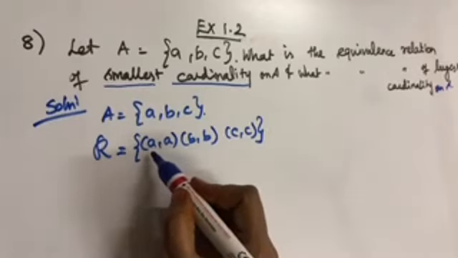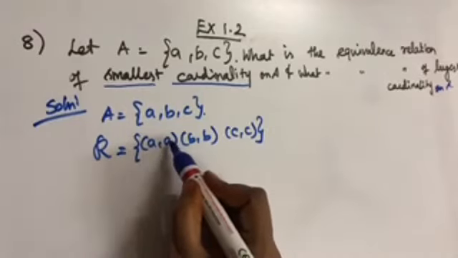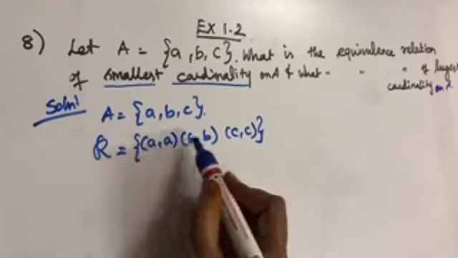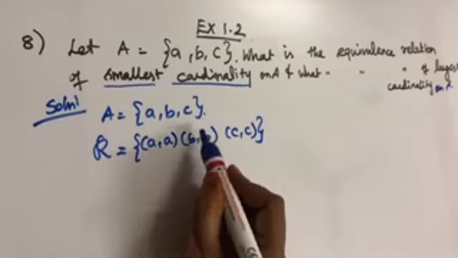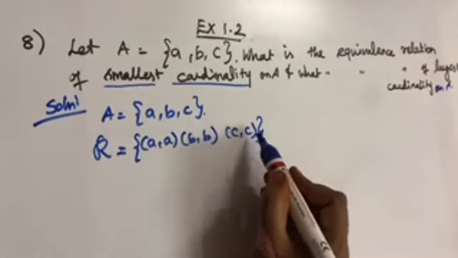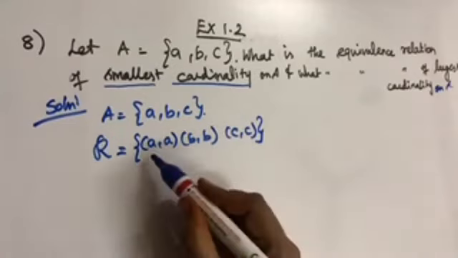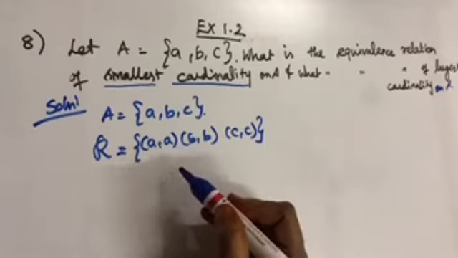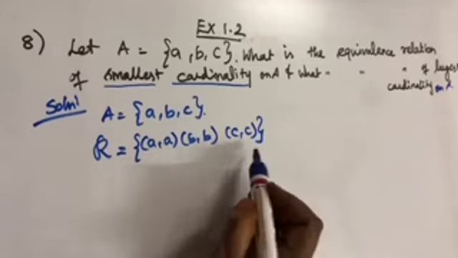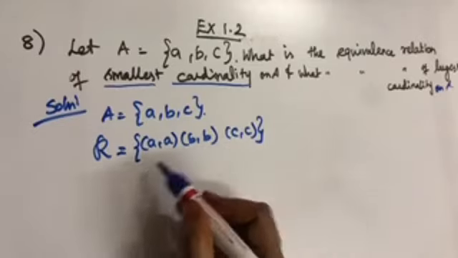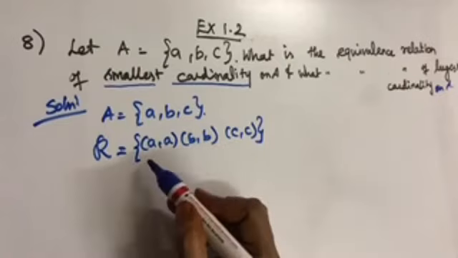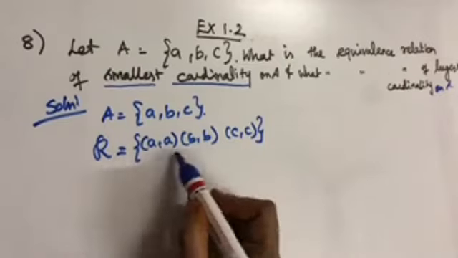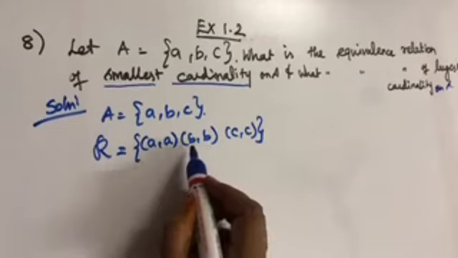So if A comma A, then again A comma A. B comma B, it's again B comma B. C comma C, it's again C comma C. So with this minimum number of elements, I can prove the symmetric relation. Okay, similarly for transitive relation also, I couldn't find any element. So whenever I can find, I can prove that.